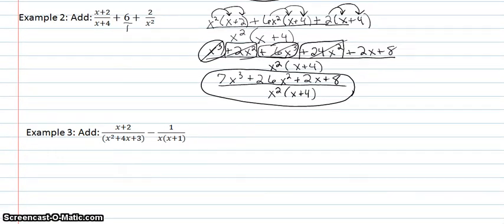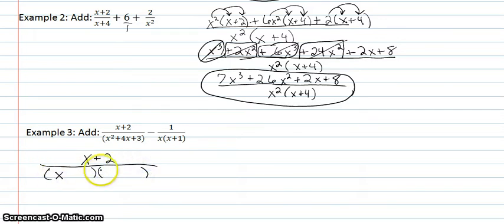Alright, our next example is another one where we have variables in the denominator. We're adding rational expressions, but this time we're going to need to factor the denominator of the x plus 2. So I'll keep the x plus 2 the same. I'm going to take that trinomial and factor it into two binomials.